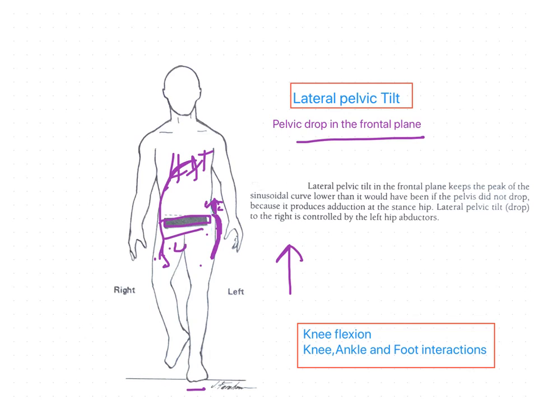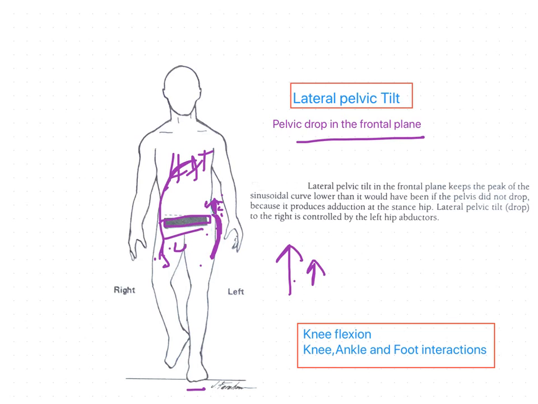We have discussed the same thing in unilateral stance at the hip joint. The same function again helps to limit the vertical increase of the COG.